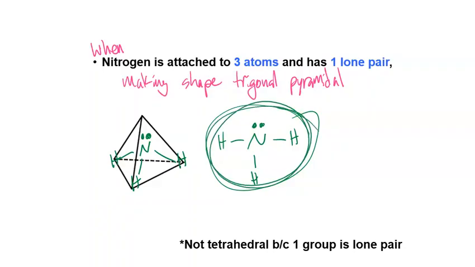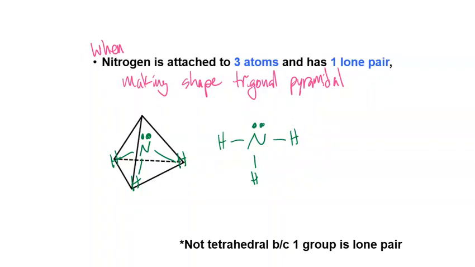But when you see this, I want you to translate in your minds, okay, this actually looks like this in 3 dimensions. Now, whenever we have an atom that has 4 groups surrounding it, and one of those groups is a lone pair, we're going to get this same molecular geometry of trigonal pyramidal.